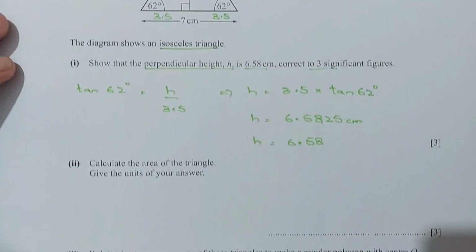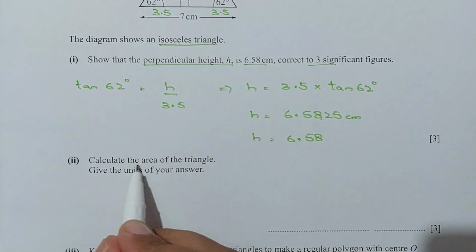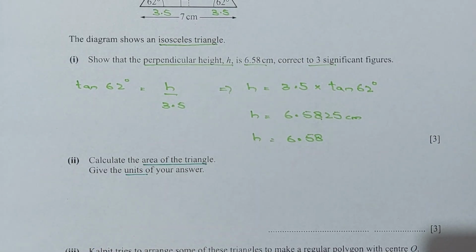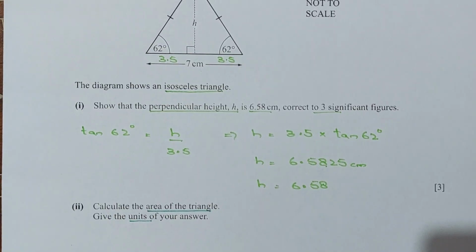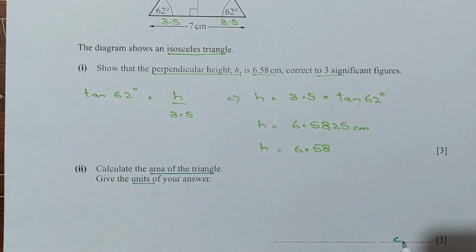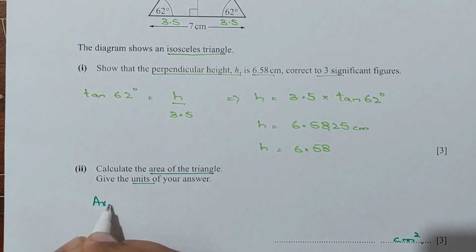So it's correct. Now the next part, calculate the area of the triangle. Give the units of your answer as well. Okay, the units of the answer should be in centimeters, so the unit is centimeter square. So the area of a triangle is half base and height.